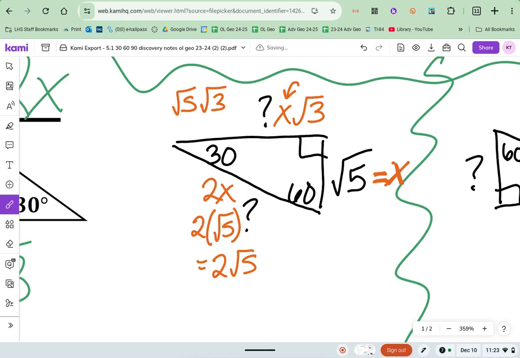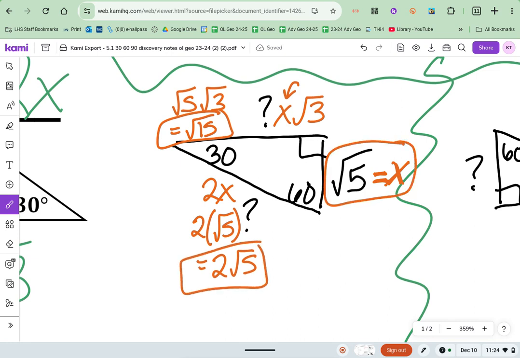And then remember, when you multiply with radicals, if both of the things are trapped inside a radical, they get to multiply together. So since the 5 is trapped and the 3 is trapped, they get to multiply together and be trapped together as root 15. So that side was root 15, the hypotenuse is 2 root 5, and then the side we were given is root 5.